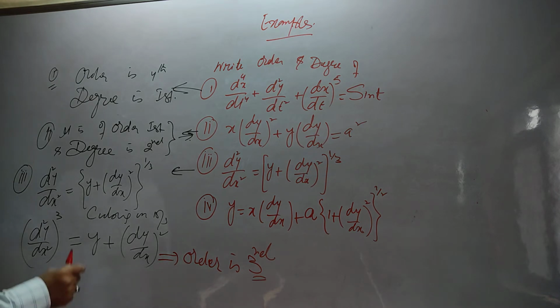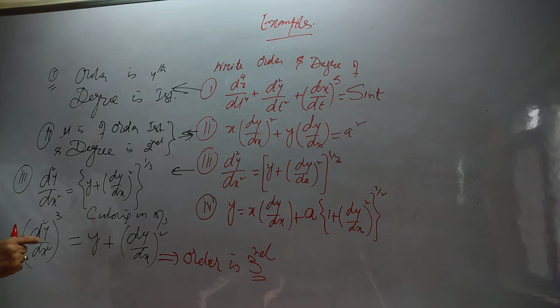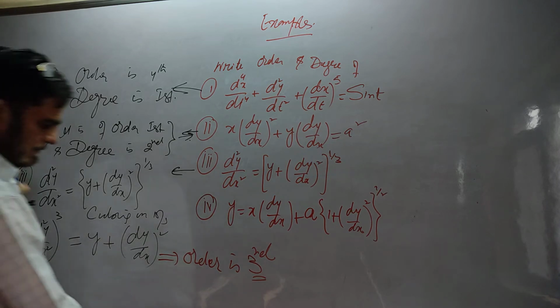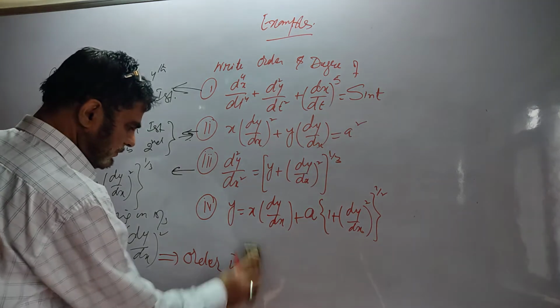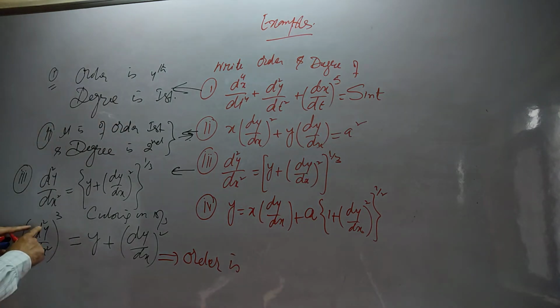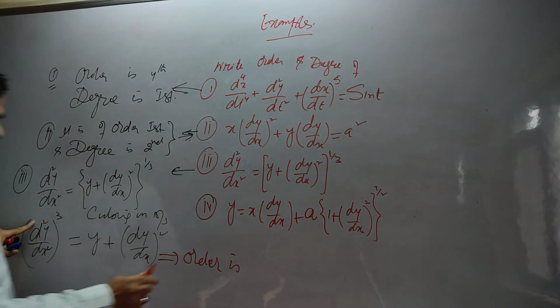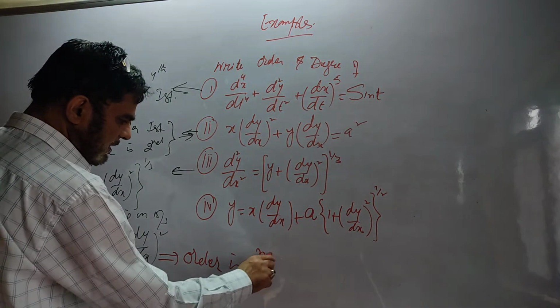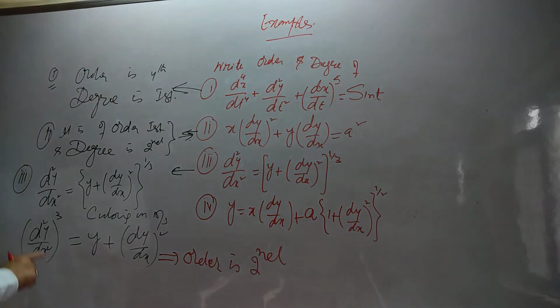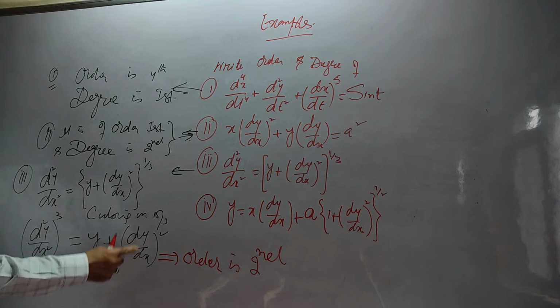Then... what is the highest derivative involved here? It is d2y by dx square. The order is second, I am very sorry. It is second. d2y by dx square is the highest order, and dy by dx is first order.